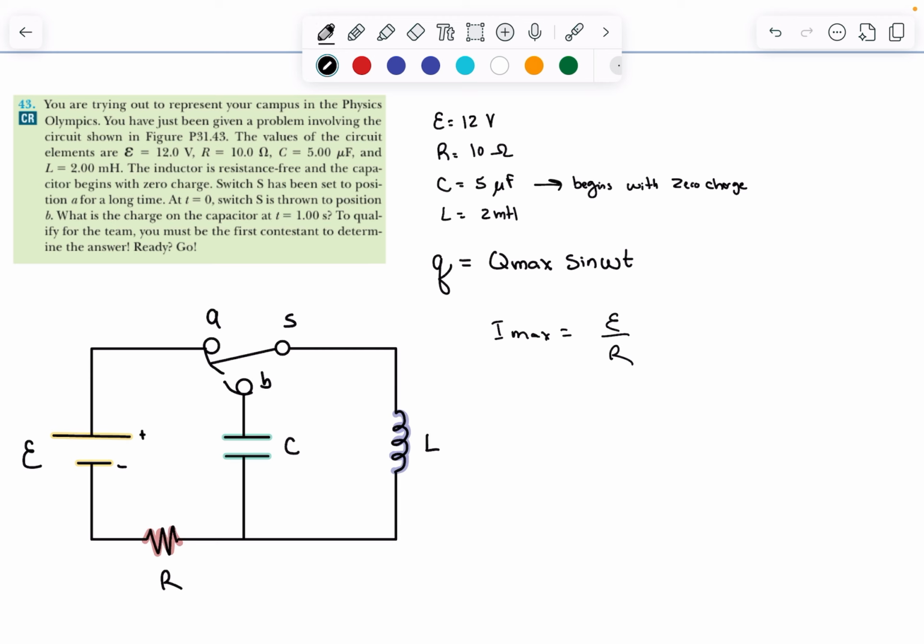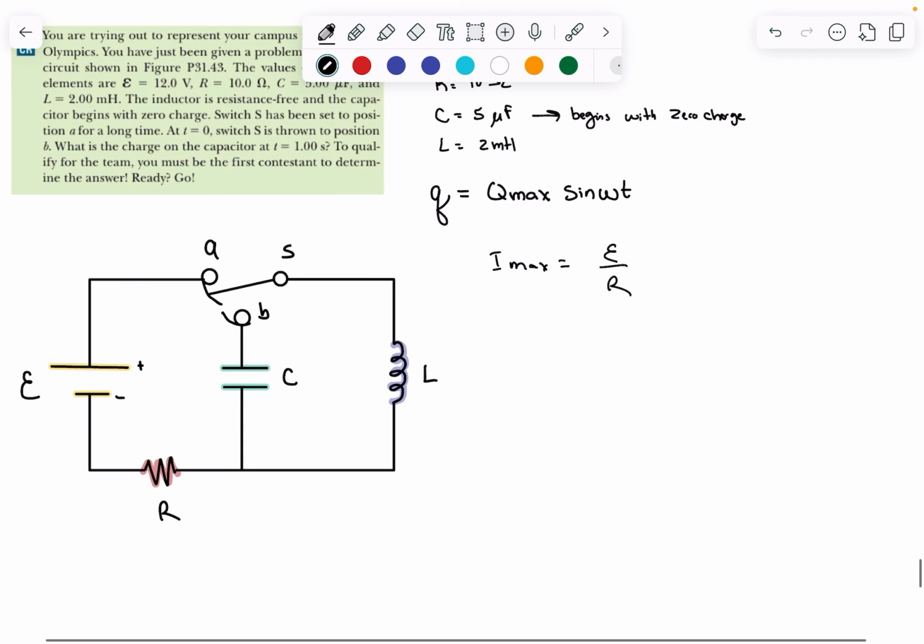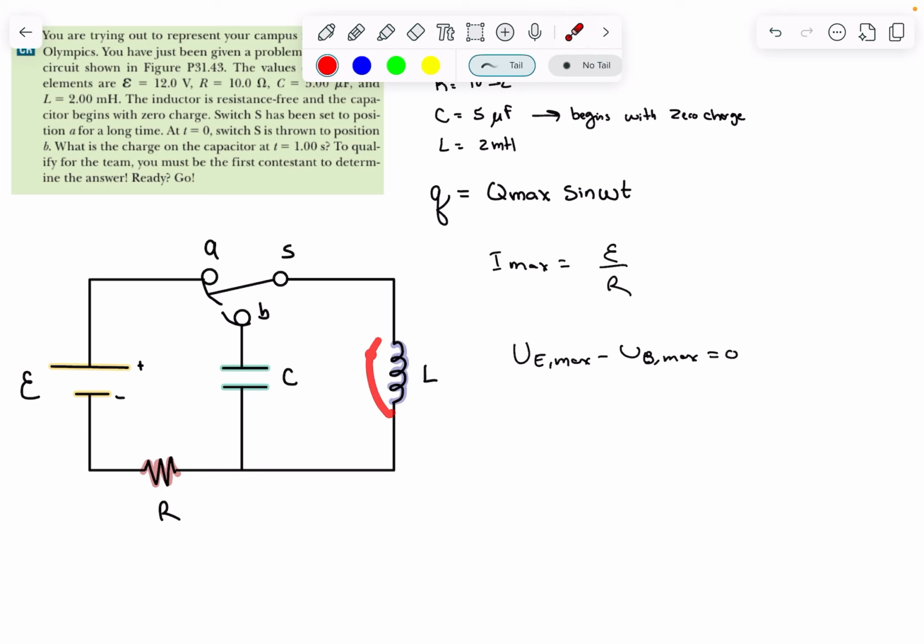Whenever you have an LC circuit, you know that U E max minus U B max is equal to 0. What this is saying is that there's going to be a certain amount of magnetic potential energy here and electric potential energy here.